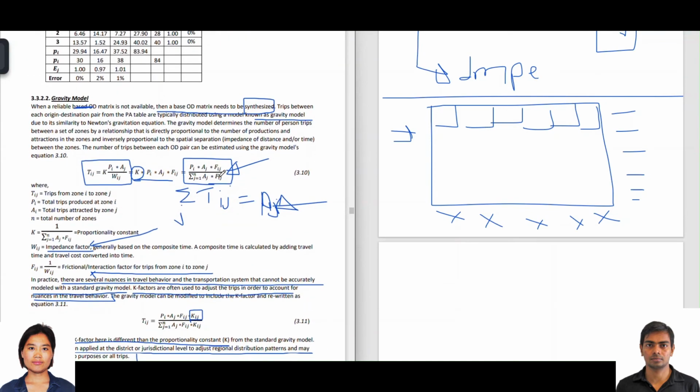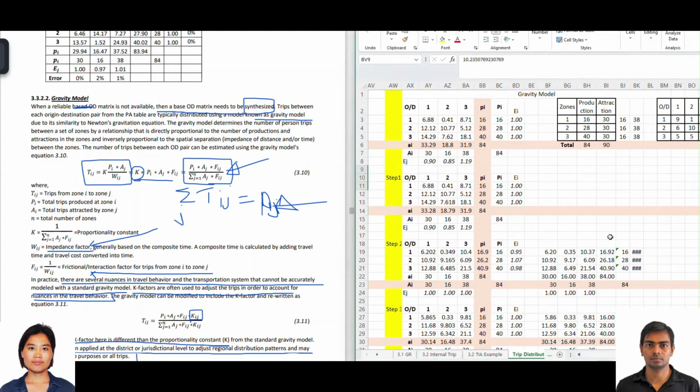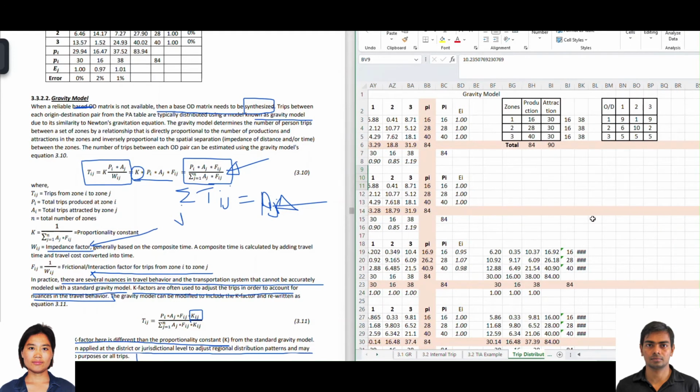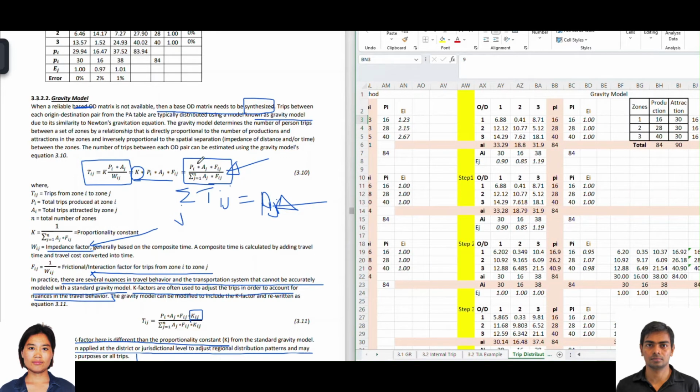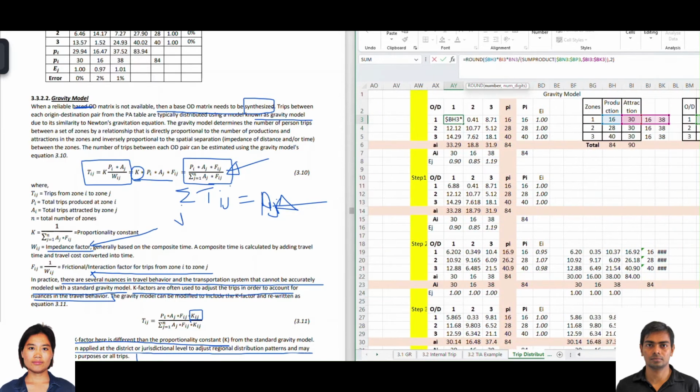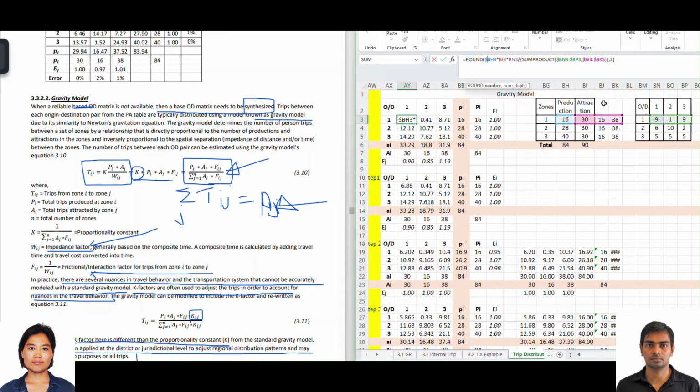I will show this example in Excel. On the right-hand side I have put the production here, attraction here, friction factor here, and I have used the formula given here. The first number is this production multiplied by this attraction, and if I scroll a little bit towards the right, multiplied by this friction factor, divided by the sum product of this friction factor multiplied by this attraction number.